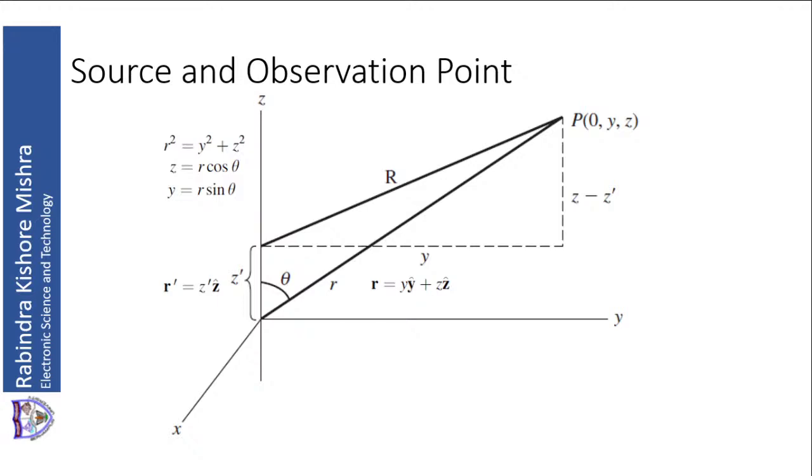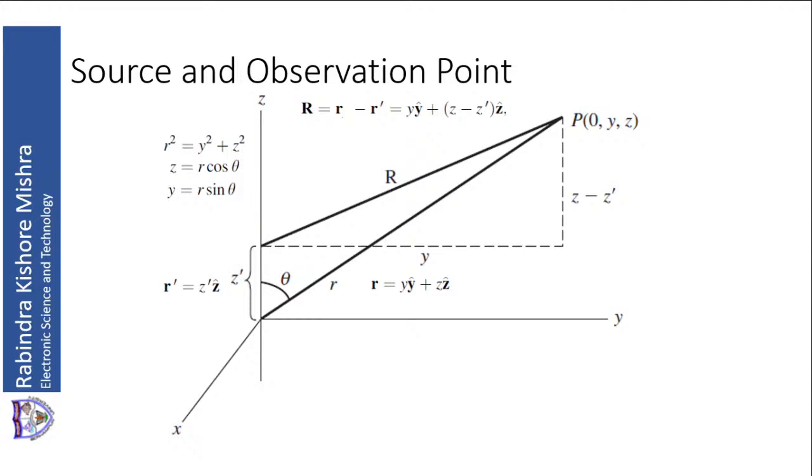What will be z? If the angle between the z axis and the vector r is theta, then z is equal to r cos theta, y is equal to r sin theta. So we know these things already. Then what is capital R? Capital R vector is equal to small r minus small r dash.